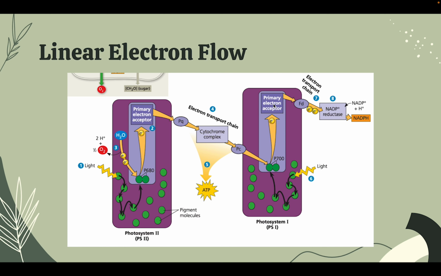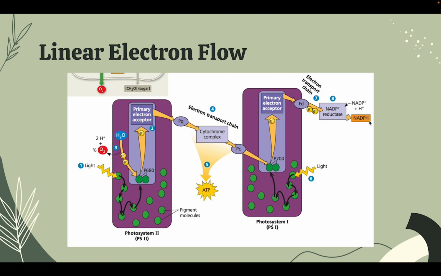Now our primary electron acceptor gives our electron to ferredoxin. Those electrons go to NADP plus reductase, which turns NADP plus and some hydrogen ions from outside the thylakoids in the stroma into NADPH.